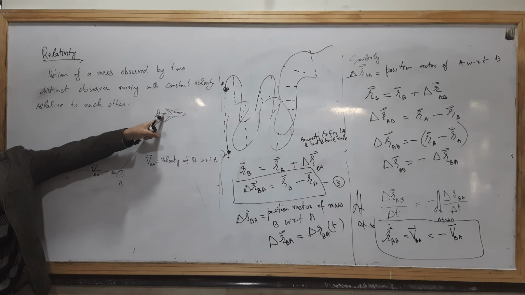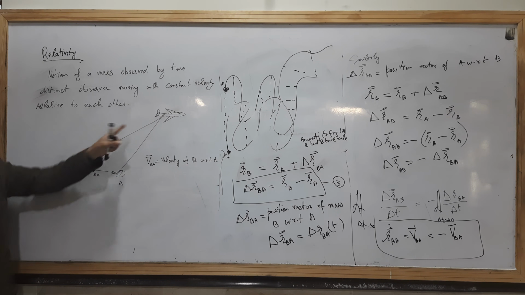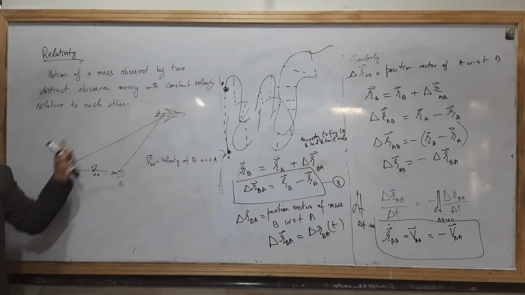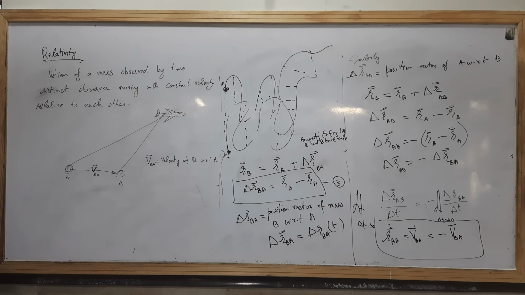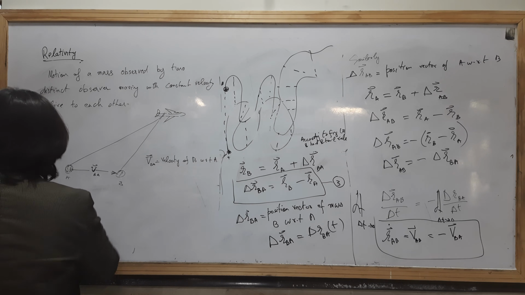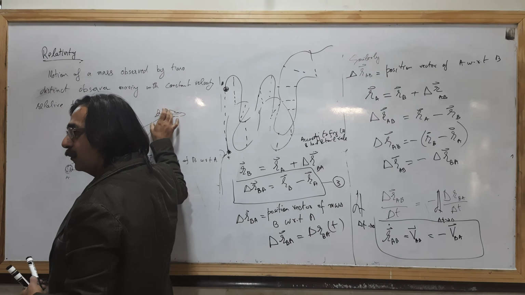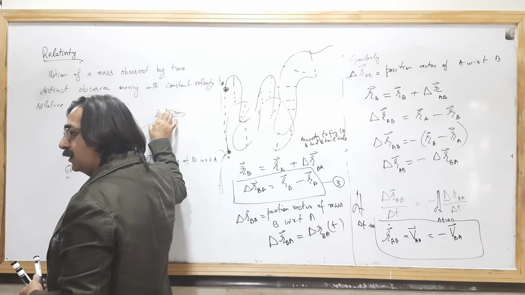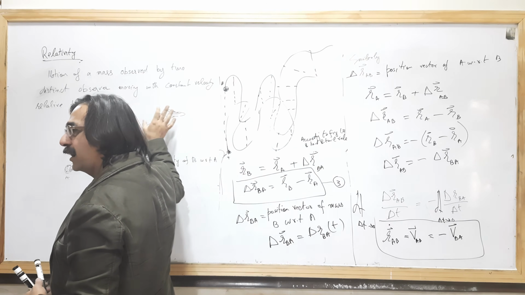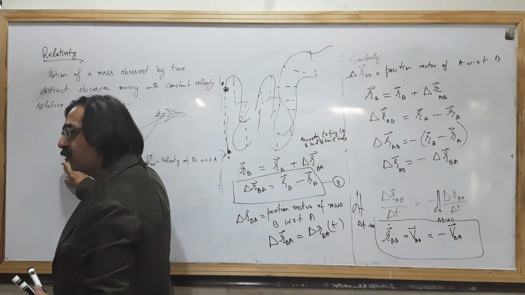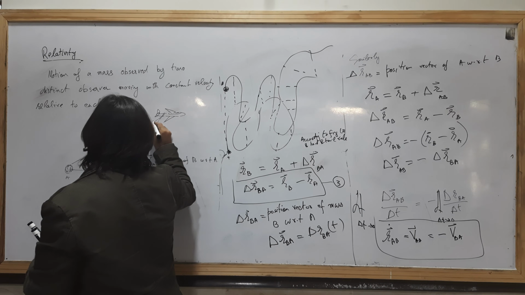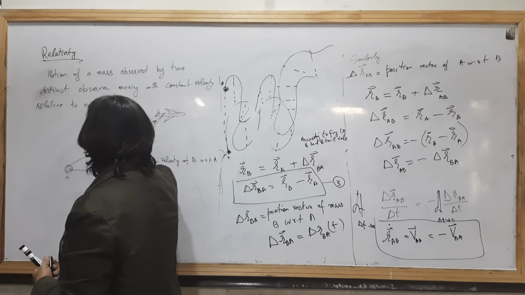What will be the position vector of this plane with respect to A? What will be the position vector? If I say that this is the observer and this is the mass, any mass. This mass is moving with respect to... I have already told, we take the position vector, and this will be RA.